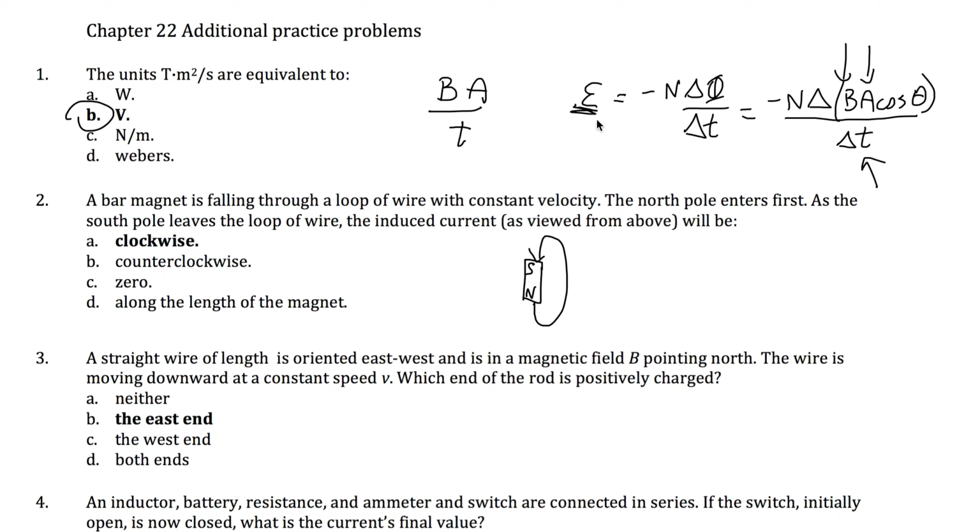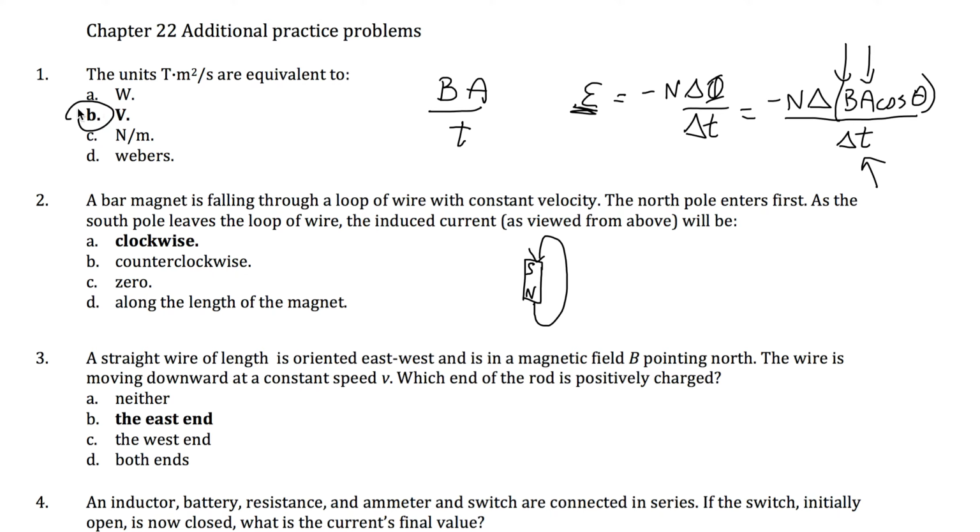The induced EMF is the change in magnetic flux per time, because that flux was defined as BA cosine theta. Cosine theta does not have any units, and the number of turns does not have any units. So this quantity has BA over time, so it has the right units, and since this EMF stands for the induced voltage, that's measured in volts.